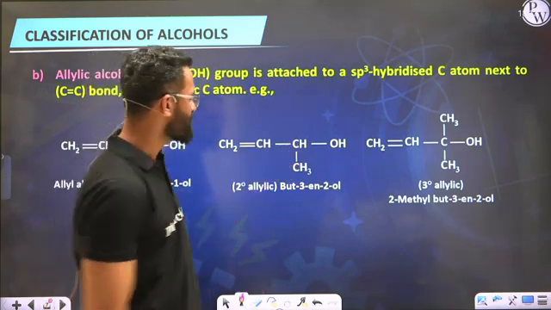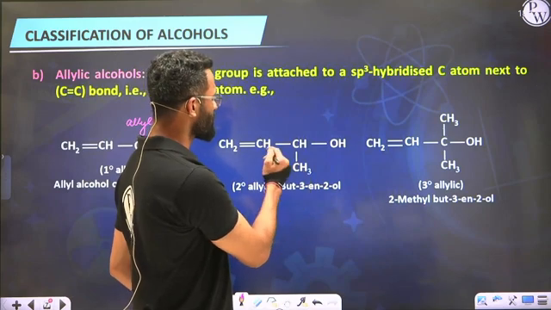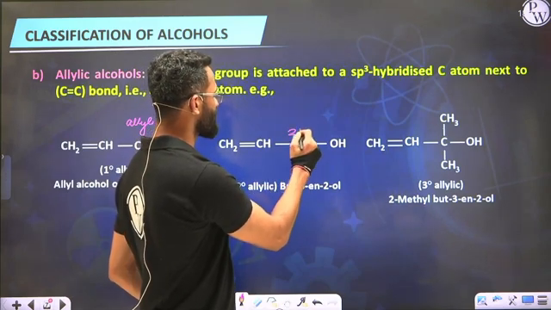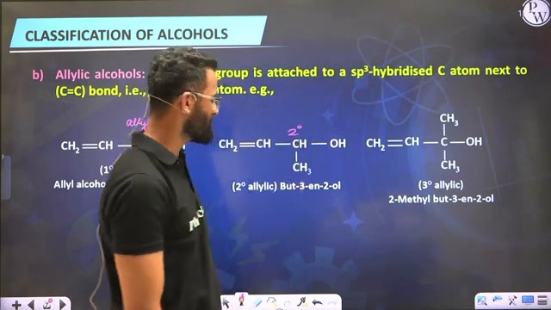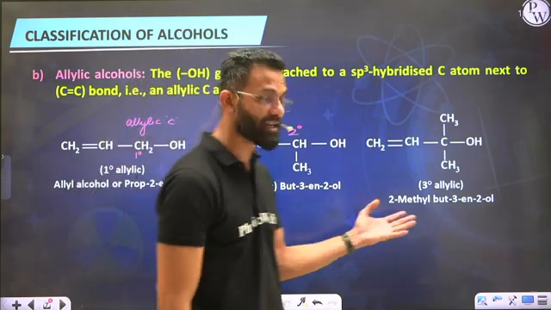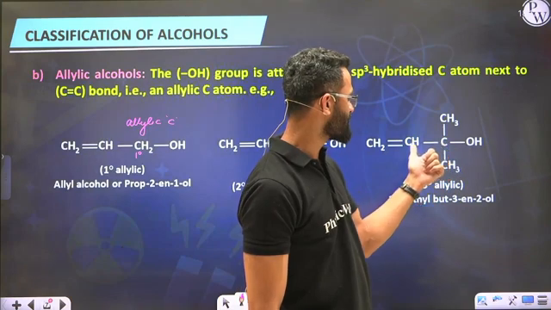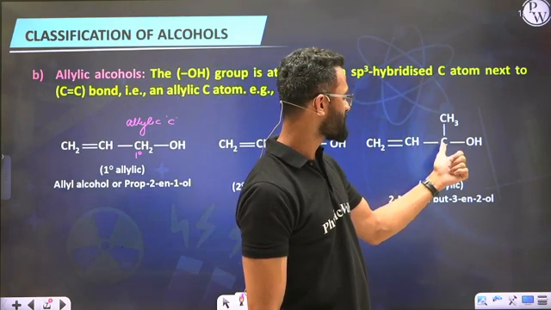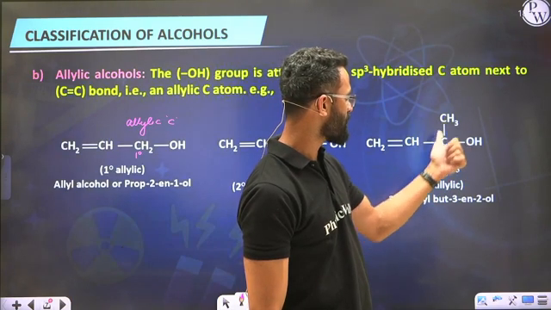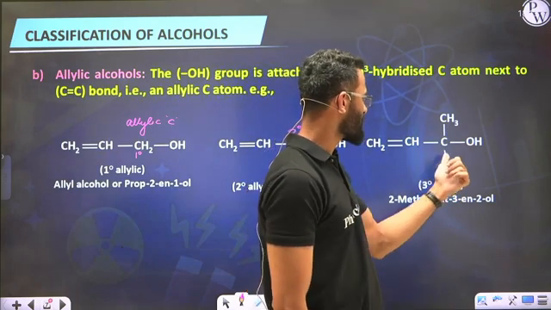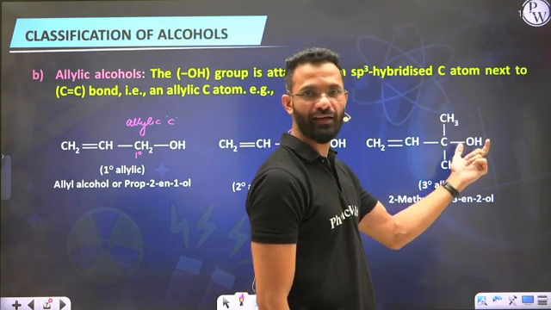But degree-wise, this carbon is connected to two other carbon atoms directly, so this is a secondary allylic alcohol. On the other hand, here OH is connected to an sp3 hybridized carbon which is adjacent to sp2, but such sp3 carbon is connected to three other carbons: 1, 2 and 3. So we'll call it a tertiary allylic alcohol.